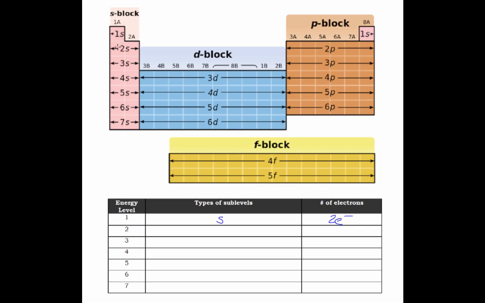The second energy level has both s and p sublevels or orbitals. If you count up all of those boxes, there's 2 in the s, and 1, 2, 3, 4, 5, 6 in the p. That adds up to 8 electrons. In the third energy level, something very strange happens.